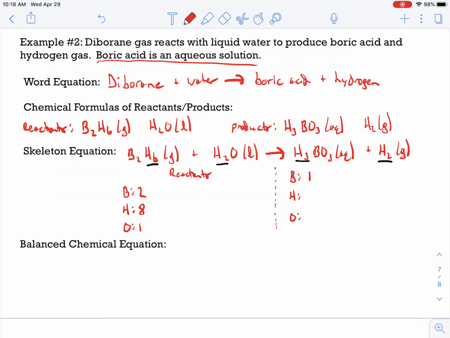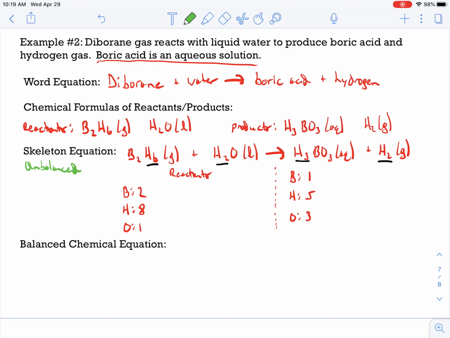So it's going to give us a total of 5 hydrogens. And then again, when we look at oxygen, we're going to have 3 of them. So right now we're looking at our reactant side and our product side. None of them are balanced. So what we have here is going to be an unbalanced skeleton equation.